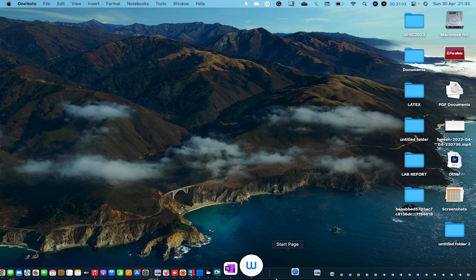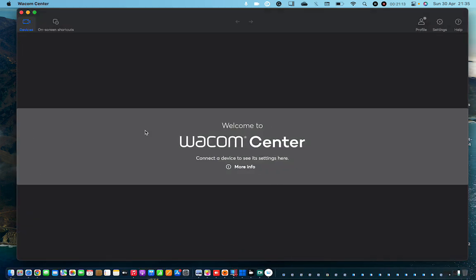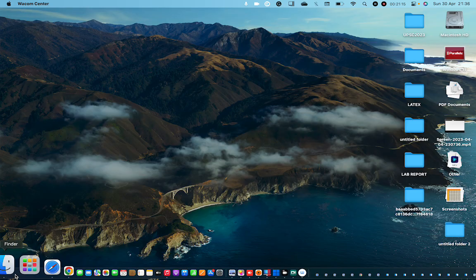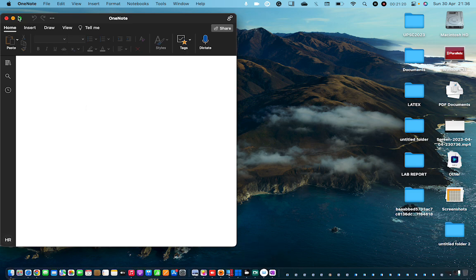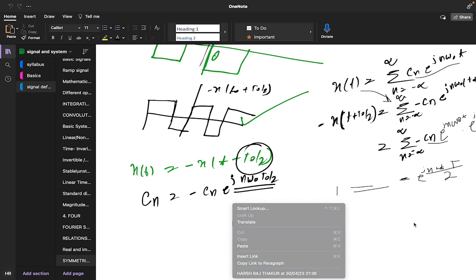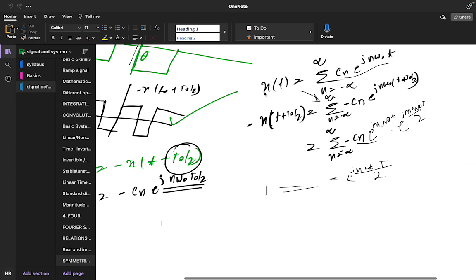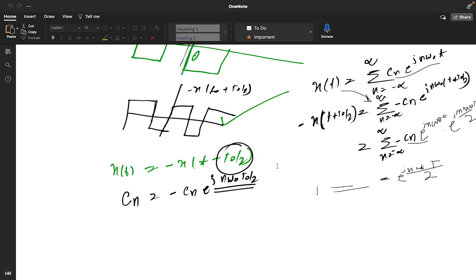What I am trying to do is equate the equations x of t and x of t plus t naught by 2. I am just trying to equate these particular equations. So are you getting what I am saying? See what I did: x of t is equal to minus x of t minus t naught by 2. This is the half wave symmetricity property.